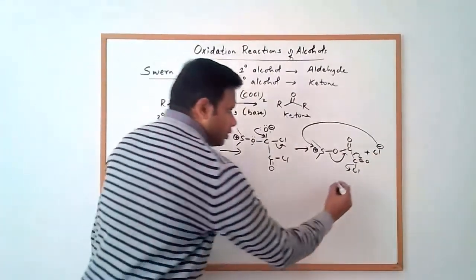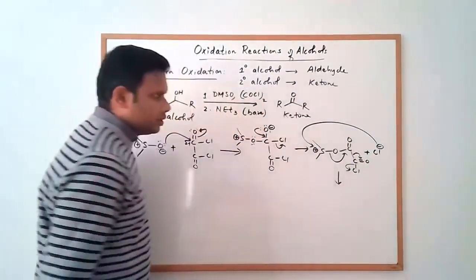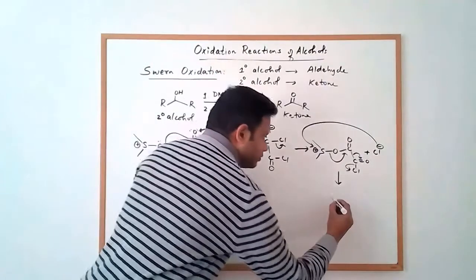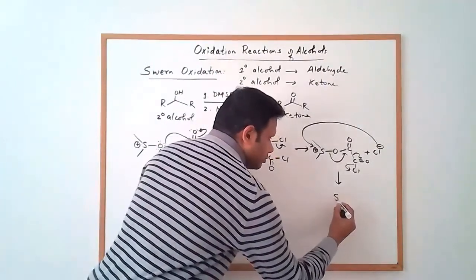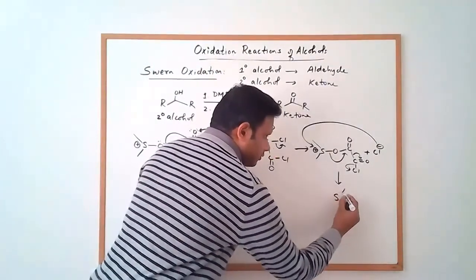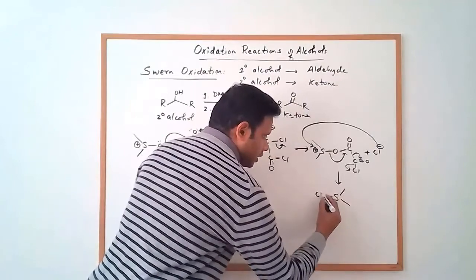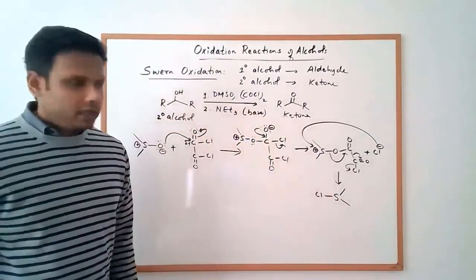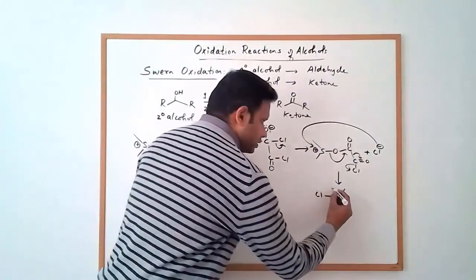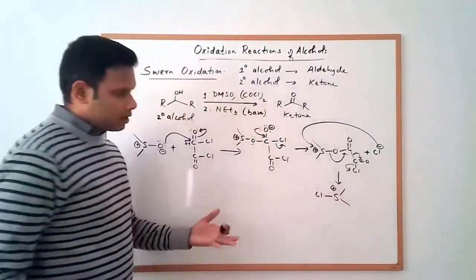By the end of this, we've generated an intermediate where we have a sulfur with two methyl groups, and there is a chlorine connected to it. The sulfur still has its positive charge.